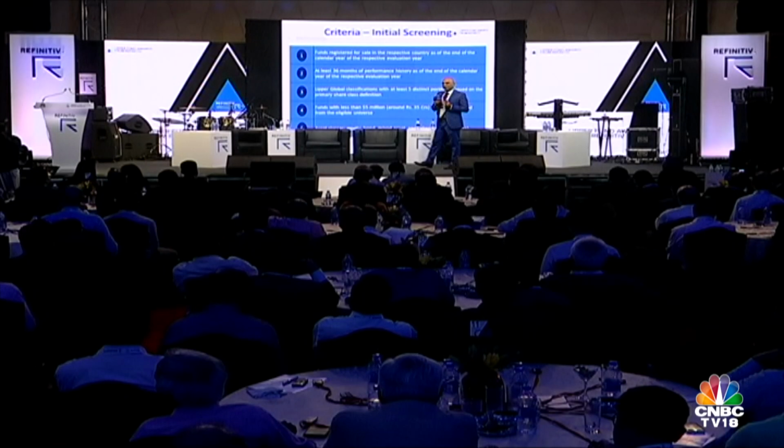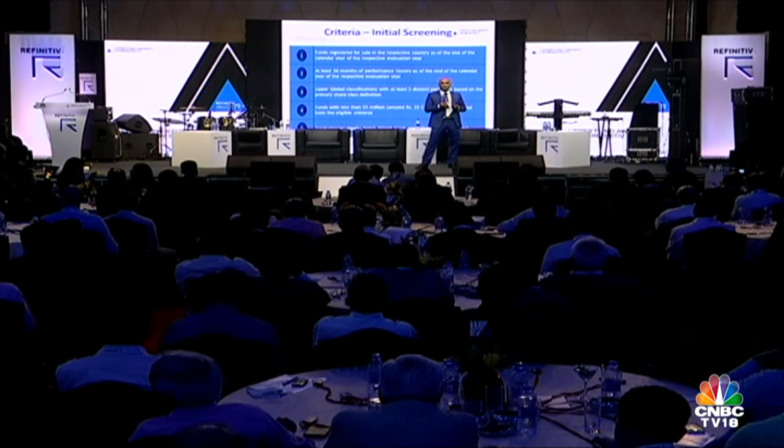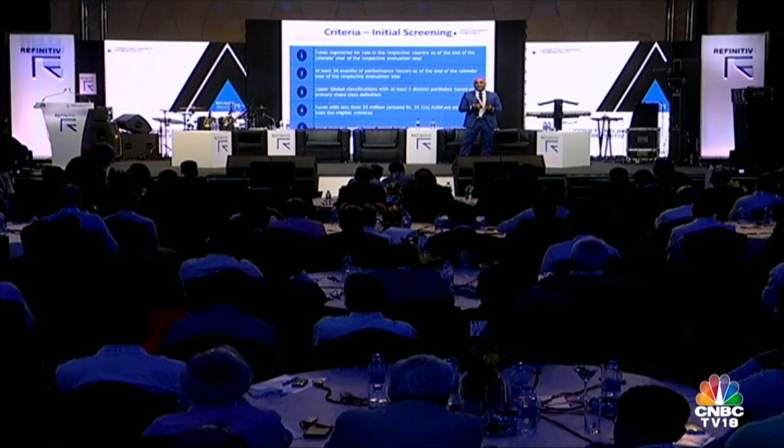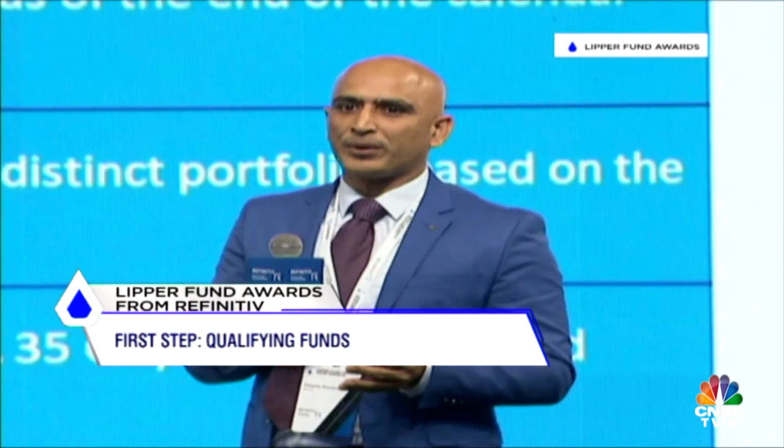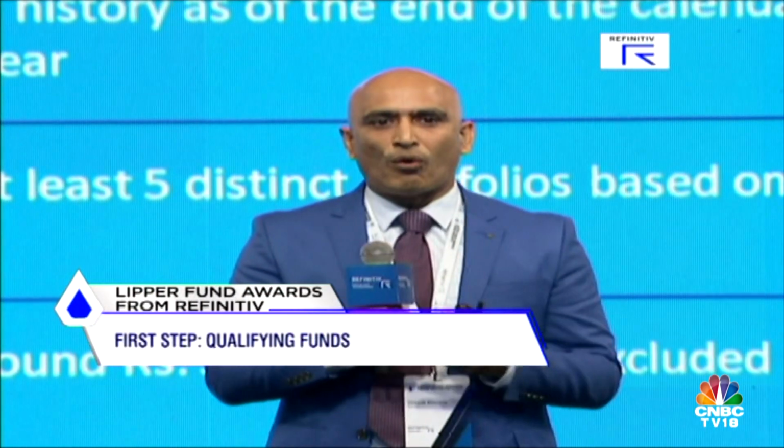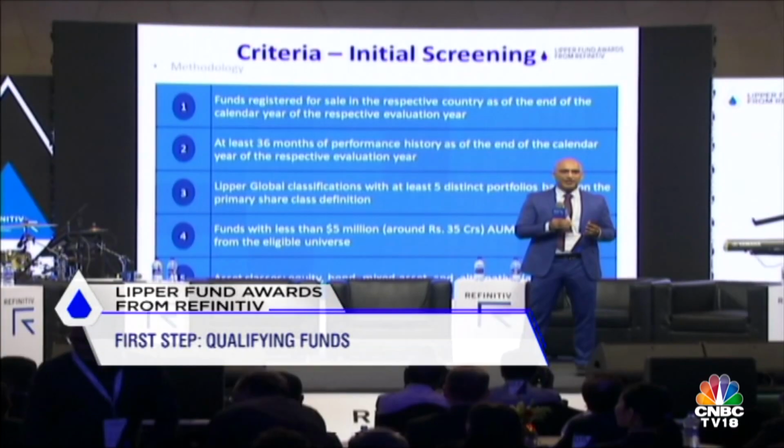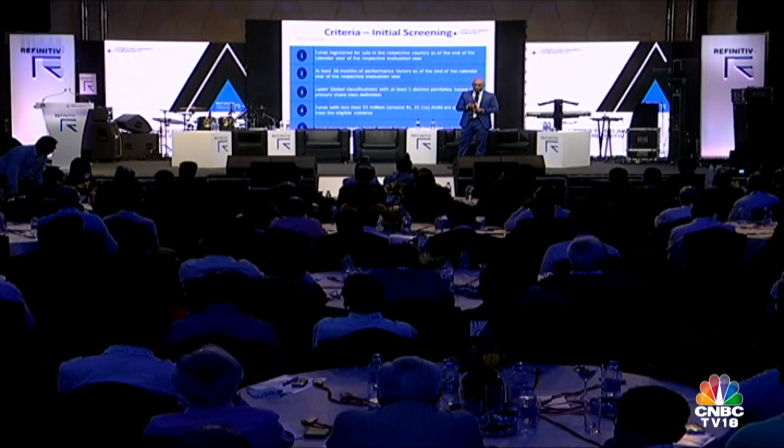Okay, so we'll get started with a quick overview of the Fund Awards methodology. To start with, the first step is to arrive at the qualified funds for Fund Awards. To do that, we first consider all the funds that are registered for sale in India as a region.